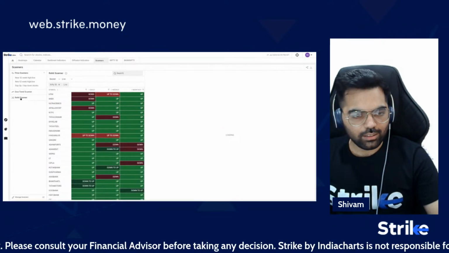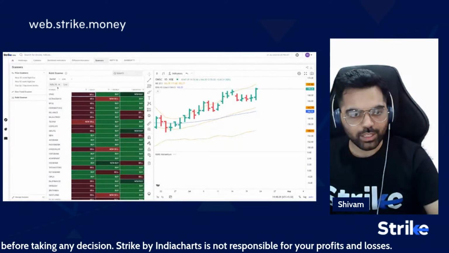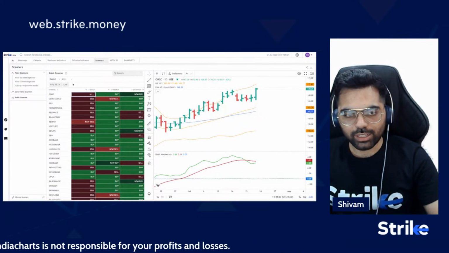And let us go to the Rohit scanner to look at the same. So same basket I've selected, Nifty 50, and live here means the signals that are coming in today's trading session.